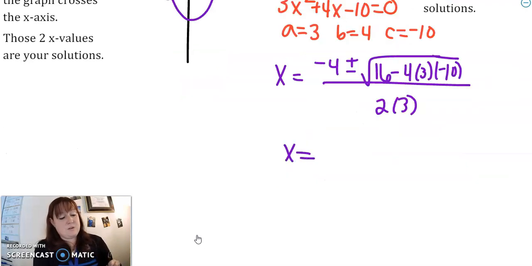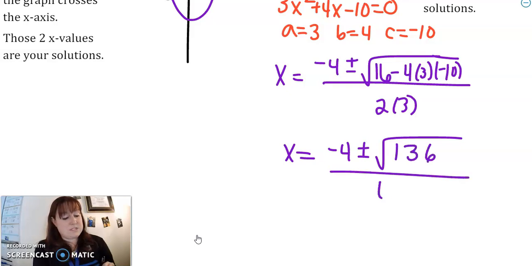So I have x equals negative 4 plus or minus the square root of, let's see, negative 30 times 4, that's 120, so that's 136, all over 6. The square root of 136 doesn't come out pretty, so let's see what we can simplify it to.